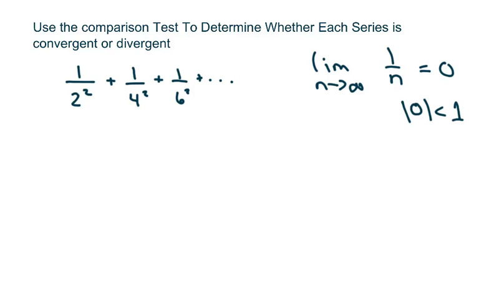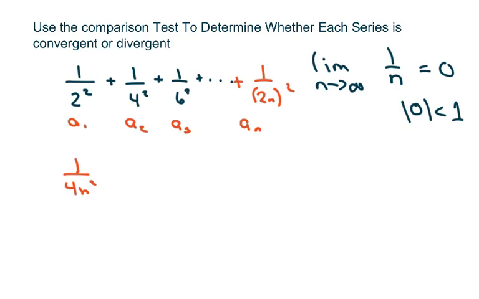So basically, we're going to look at this and look at the general form. We have a sub 1, a sub 2, and a sub 3. So my general form basically is 1 over 2n, and then you square it. So this would be basically 1 over 4n squared is our general form.